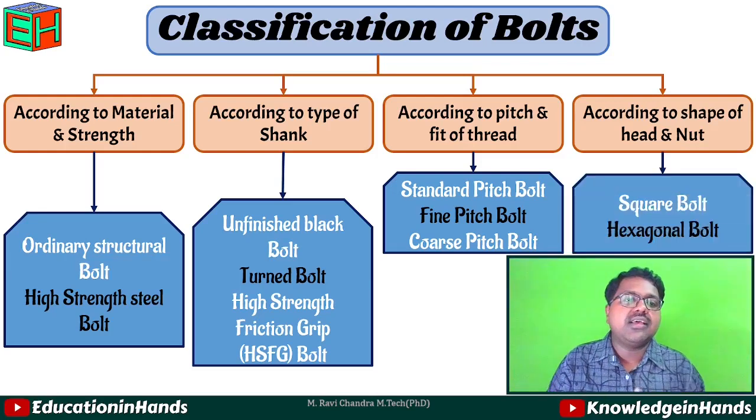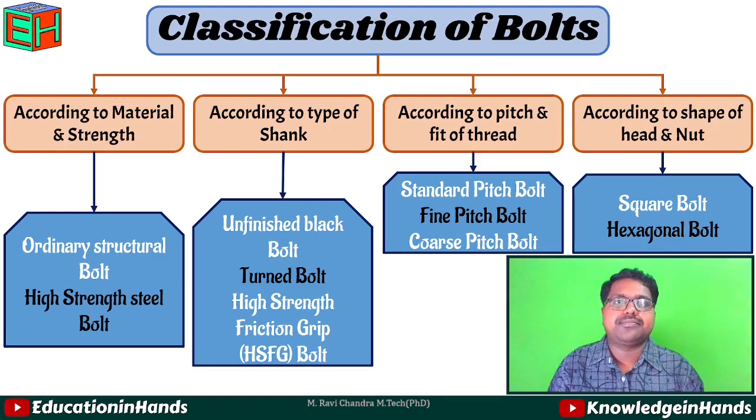According to shape of head and nut, these are divided into 2 types, that is square bolt and hexagonal bolt. Usually we observe hexagonal type of bolts in our markets, and as well as square bolts are also available in the market. Those are very rare actually.